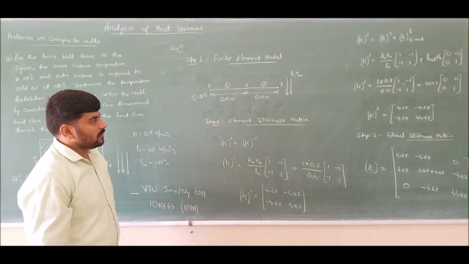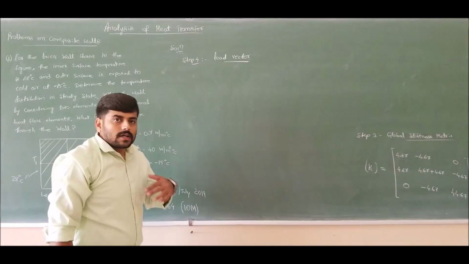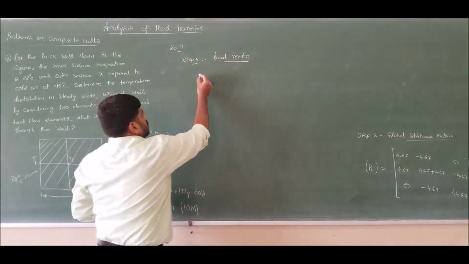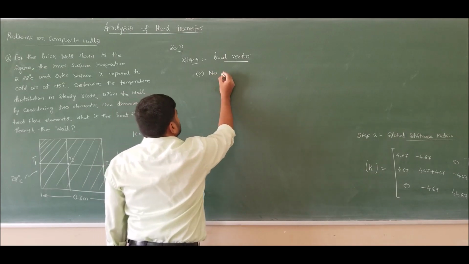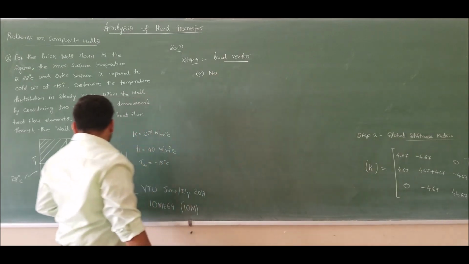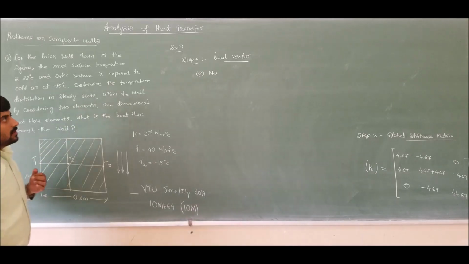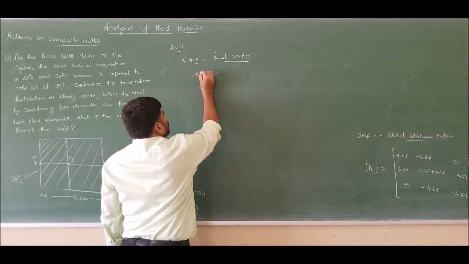Next, moving on to step 4, that is the element load vector. Coming to the load vectors for this problem, we don't have heat flux. None of these elements is getting heat flux, or heat flux is not moving out of the wall. Therefore, the load vector due to heat flux is not required for this problem.